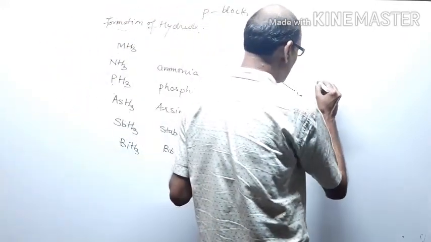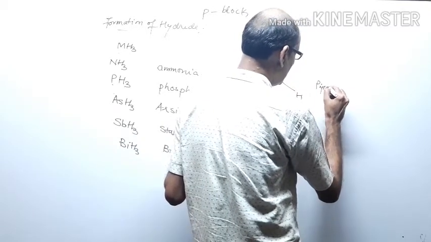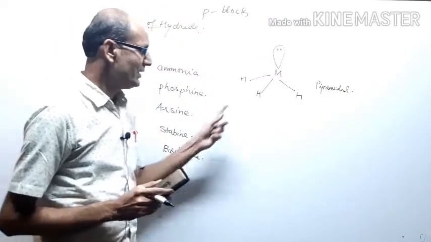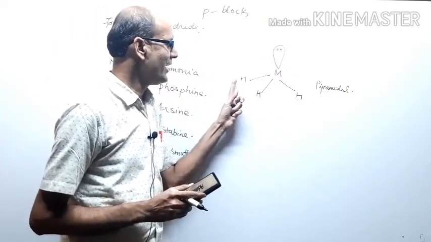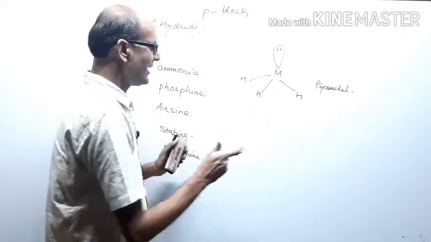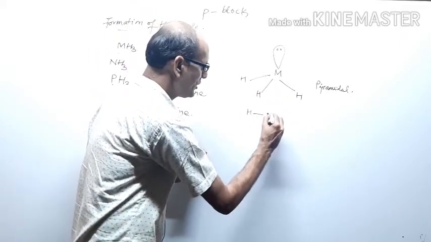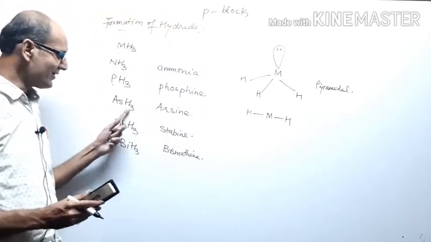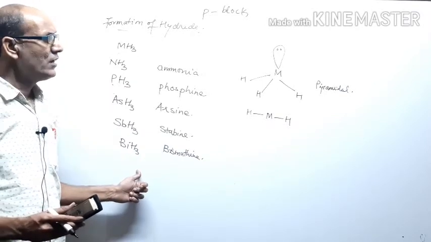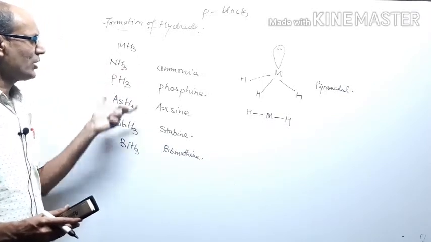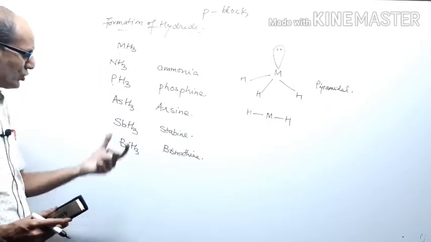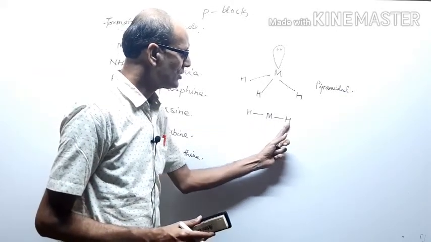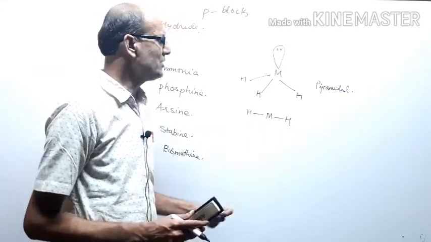Now we look at the HMH bond angles. In ammonia, phosphine, arsine, stibine and bismuthine, on moving from top to bottom, from ammonia to bismuthine, the HMH bond angle decreases. Why does it happen?